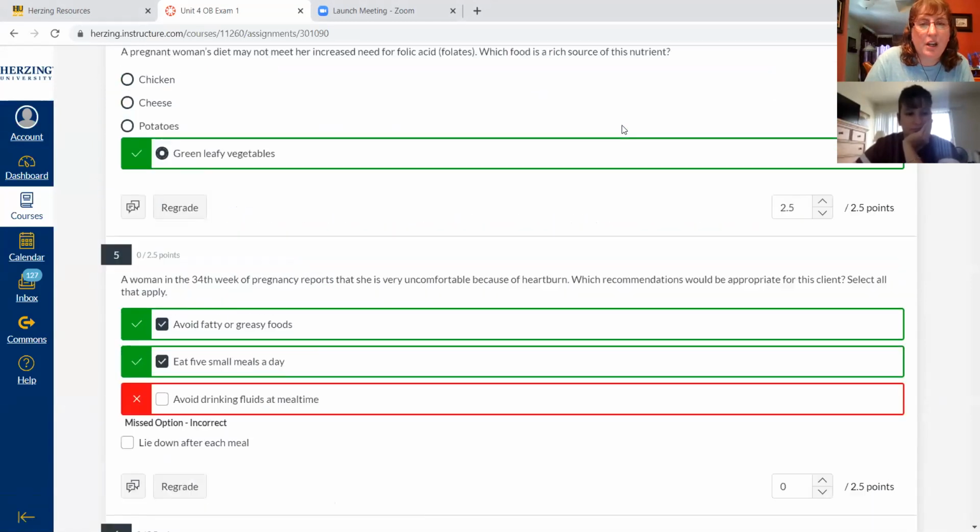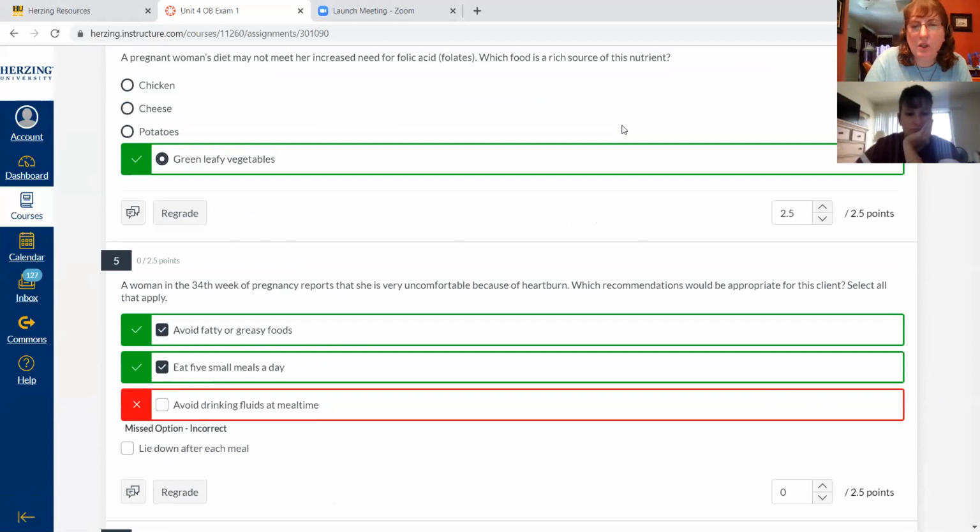Okay, so number 5. A woman in the 34th week of pregnancy reports she is very uncomfortable because of heartburn. Which recommendations would be appropriate for this client? So avoid fatty or greasy foods, eat 5 small meals a day. And then the one that you missed was avoid drinking fluids at mealtime. So pretty much anyone with heartburn can do any of these things.